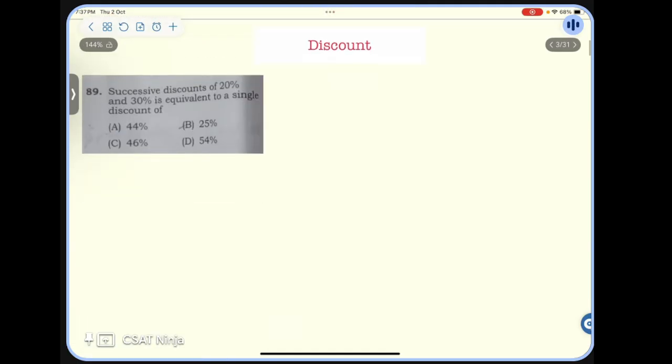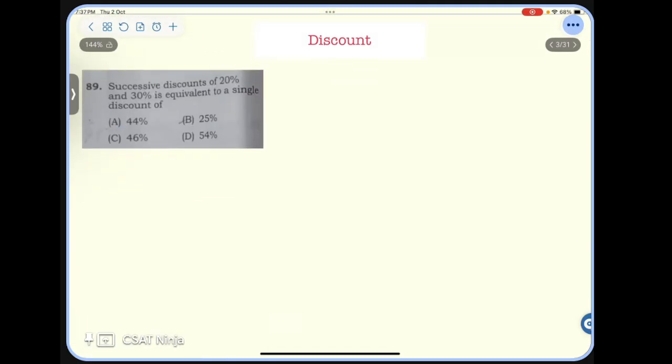So the first topic I'm going to discuss is discount. When we talk about discount, there is only one formula. If you have attended any class, you might be familiar with this.